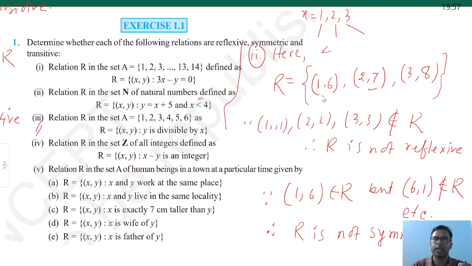then the relation is taken as an automatic transitive relation. It's an important point. Automatic transitive relation, because by the definition of transitive relation, if (x, y) and (y, z) are in R, then we search whether (x, z) is in R. If (x, y) and (y, z) are not both in R, then why would I search for (x, z)?